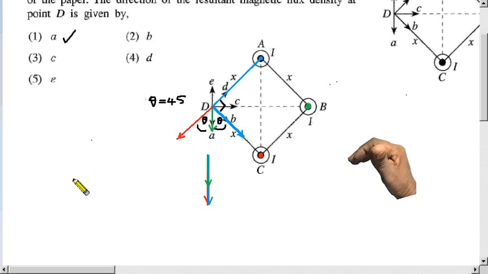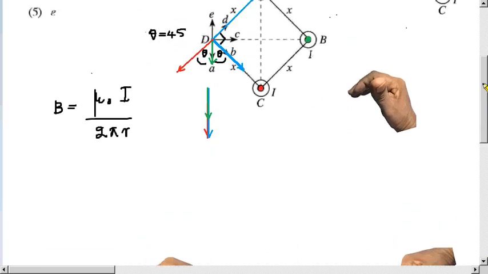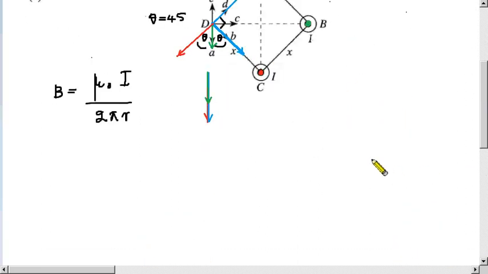You must have learned that the magnitude of flux density is given by mu naught I divided by 2 pi r for these types of parallel wires. In the lesson you learn it like this.